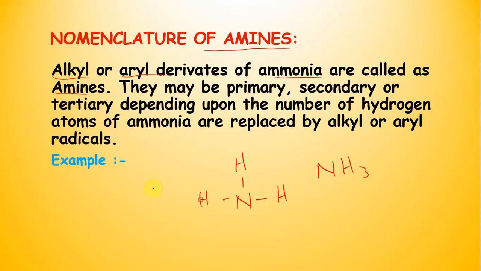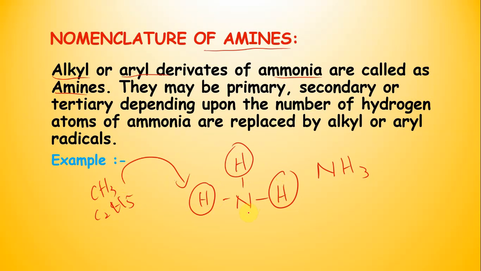An alkyl radical like CH3 methyl or C2H5 ethyl, when attached to this ammonia, for example here or at this position, will be called an amine. This will be called amines from ammonia.